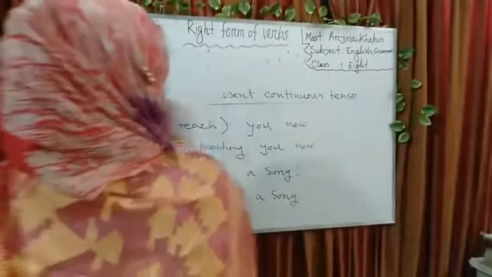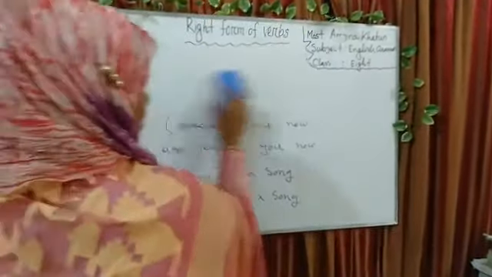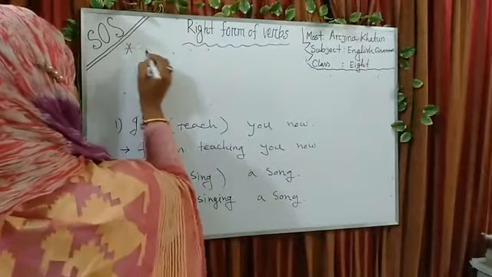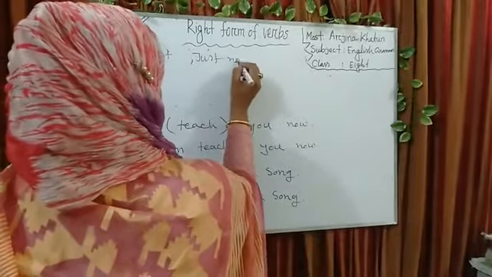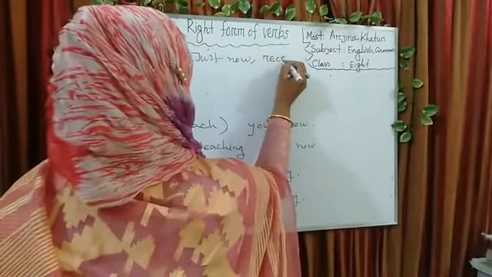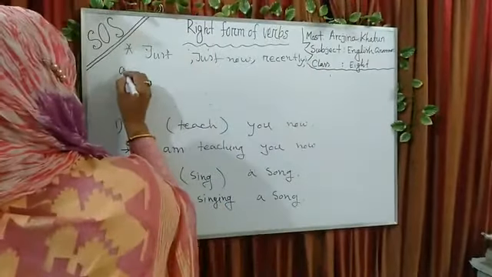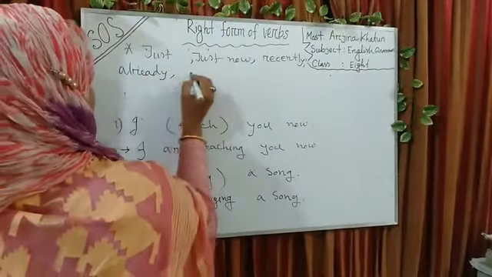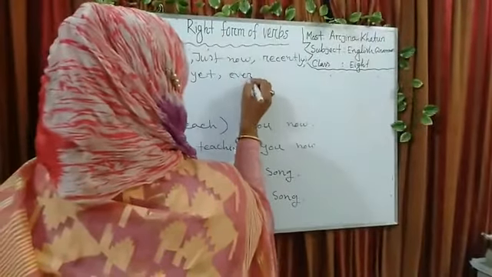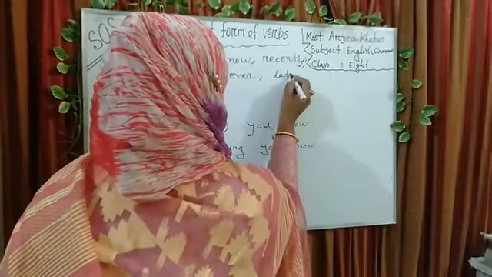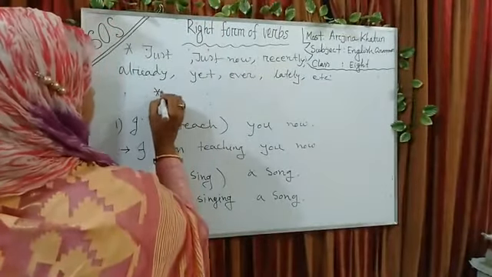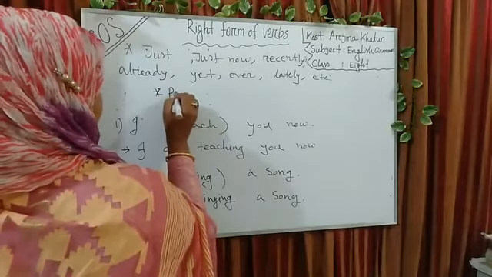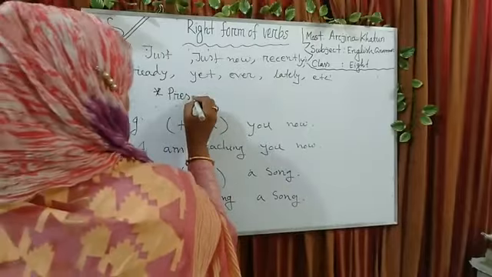Okay, dear learners, we shall go to our next rule. Our next rule: time mentioned just now, recently, already, yet, ever, lately, etc. This time mentioned is present perfect tense.